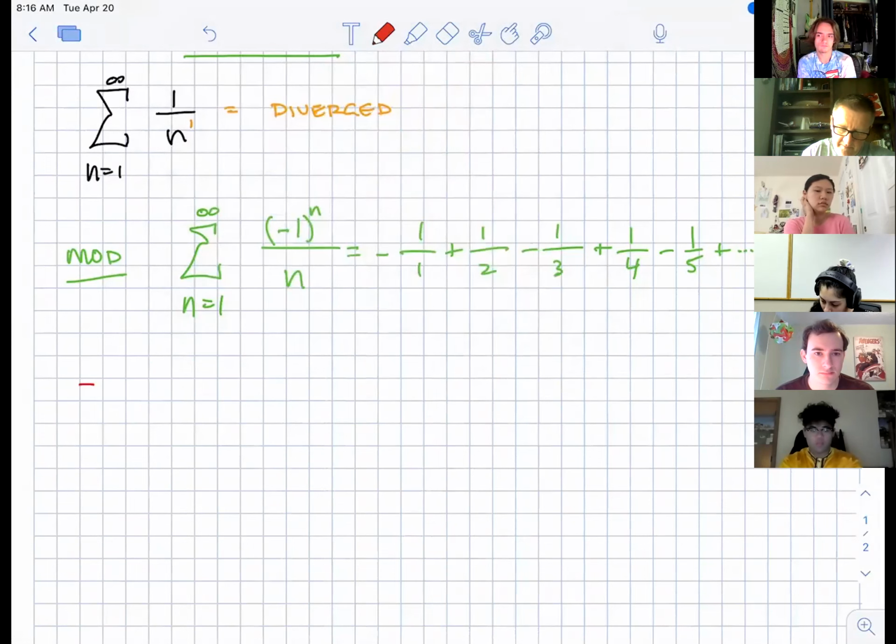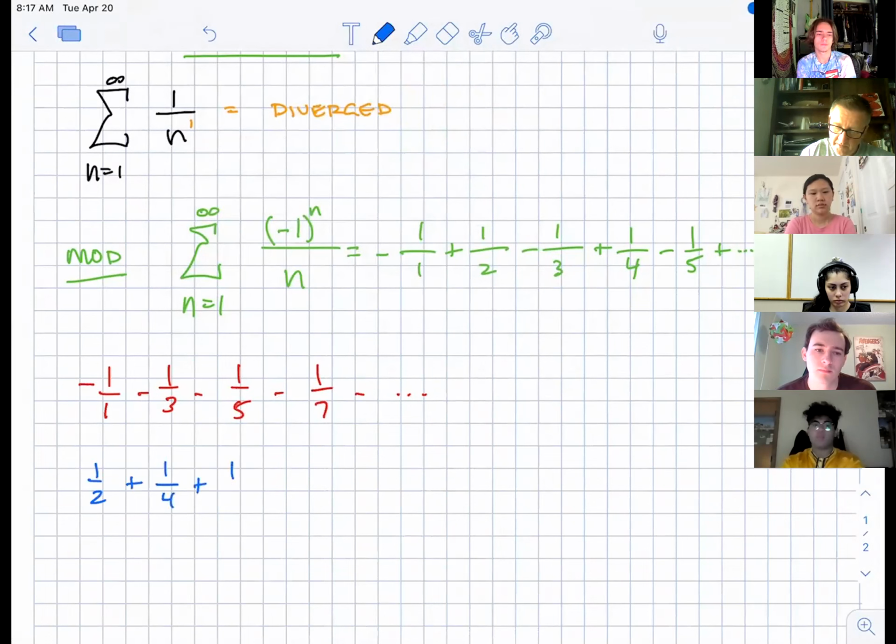In other words, you have -1/1 minus 1/3 minus 1/5 minus 1/7 and so forth. So it's like all the odd terms. Yet all the even terms, if you add those on later, are 1/2 plus 1/4 plus 1/6 plus 1/8 and so forth. And really our solution here is the sum of those.